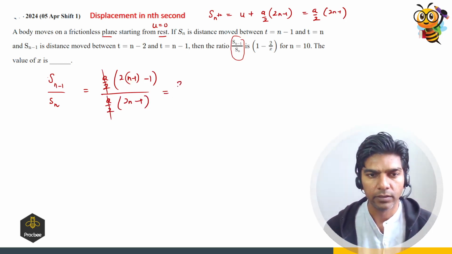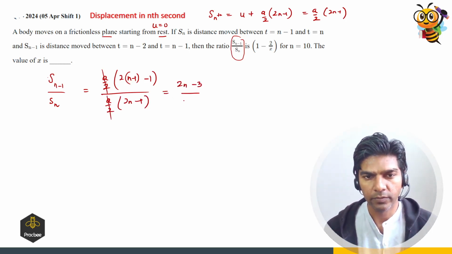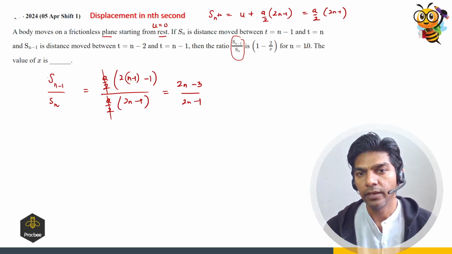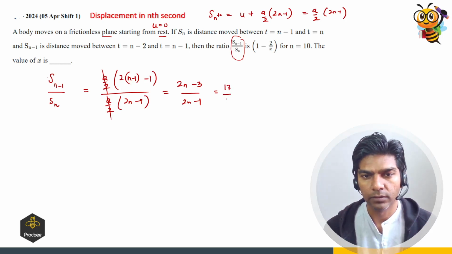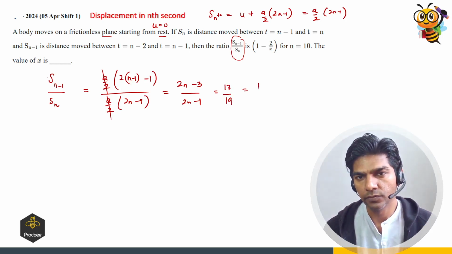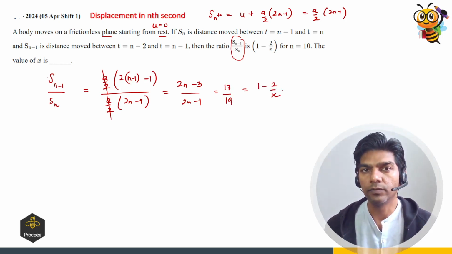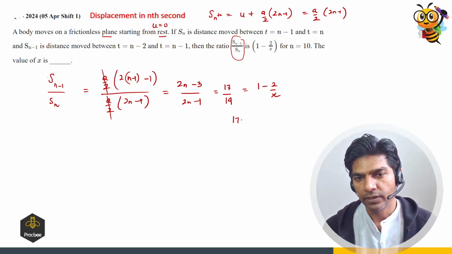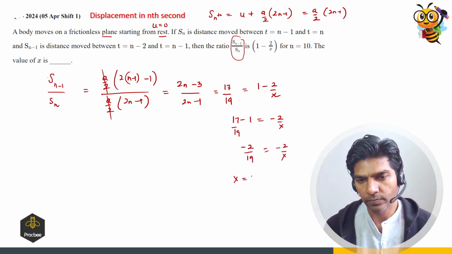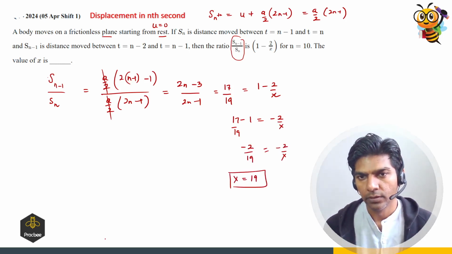So this will be 2n minus 3 divided by 2n minus 1, and n is given as 10. So that will be 17 divided by 19. And it is given as 1 minus 2 by x, and we have to find the value of x. So 17 by 19 minus 1 is equal to minus 2 by x, which is minus 2 by 19 equals minus 2 by x. So x is nothing but 19. So 19 is the answer.